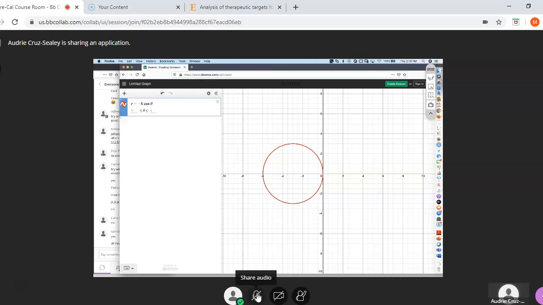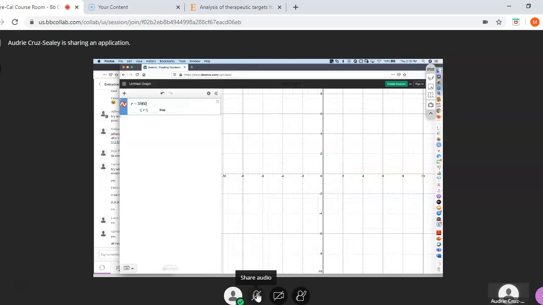So with this one, the one that we're going to look at now, we're going to have an unstable orbit. So if you look at part A, it says on the same viewing screen, I want you to graph a circle, r equals 3,960. So if you come over here, I'm going to graph r equals 3,960.